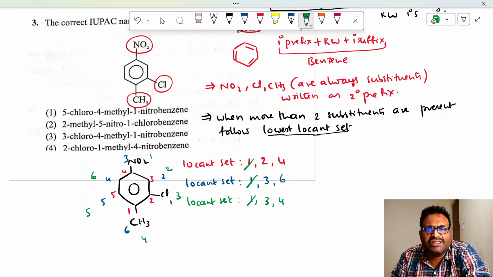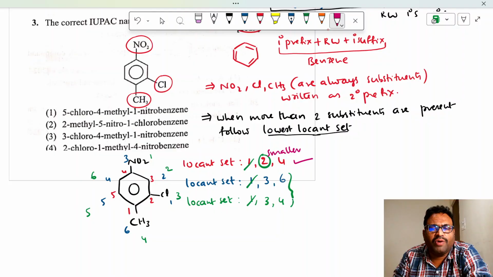If you see the second locant, do you find a difference or not? In these two you find the same, but here you find it different, so it is smaller. When it is smaller, that numbering is to be followed.